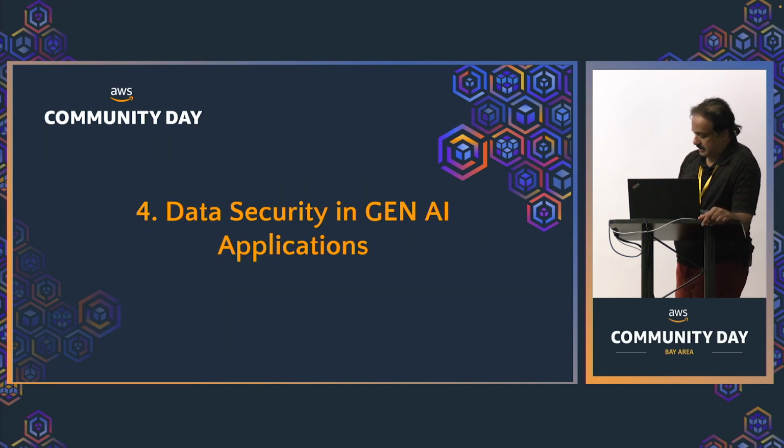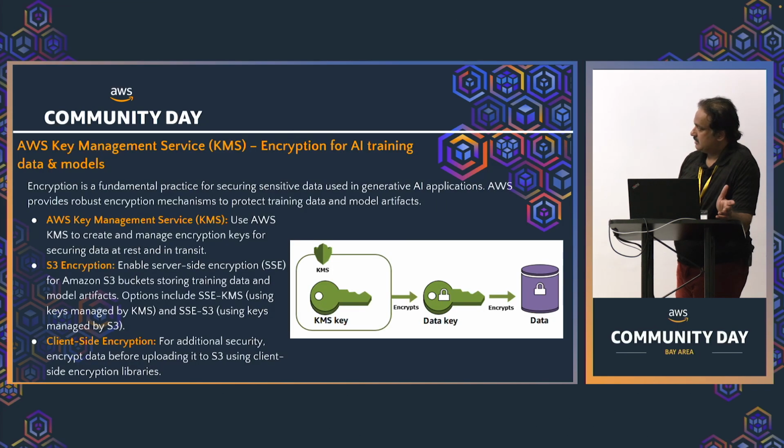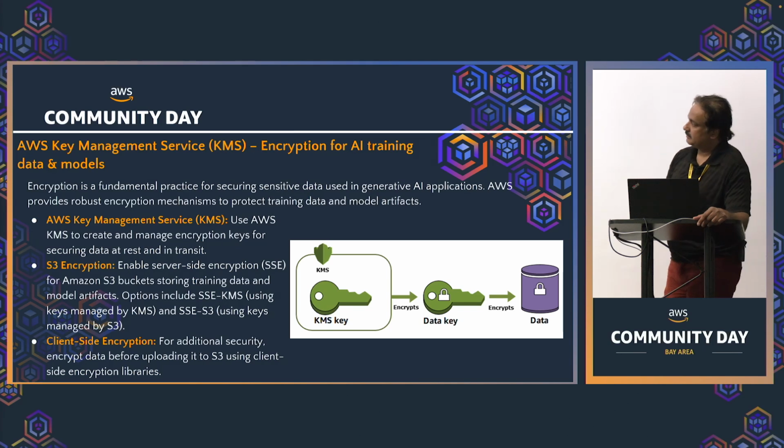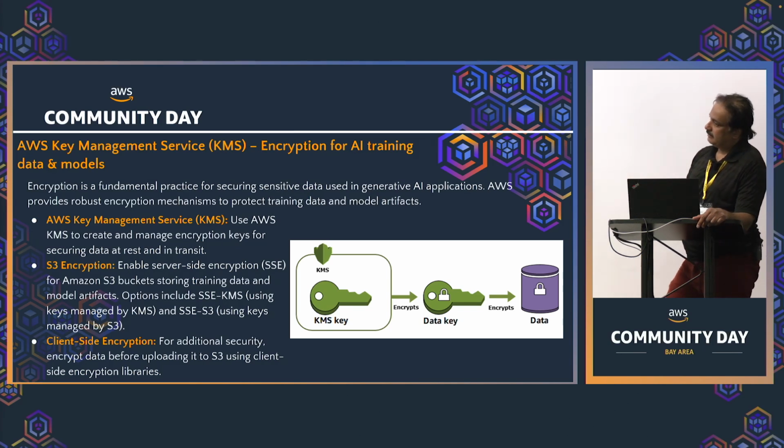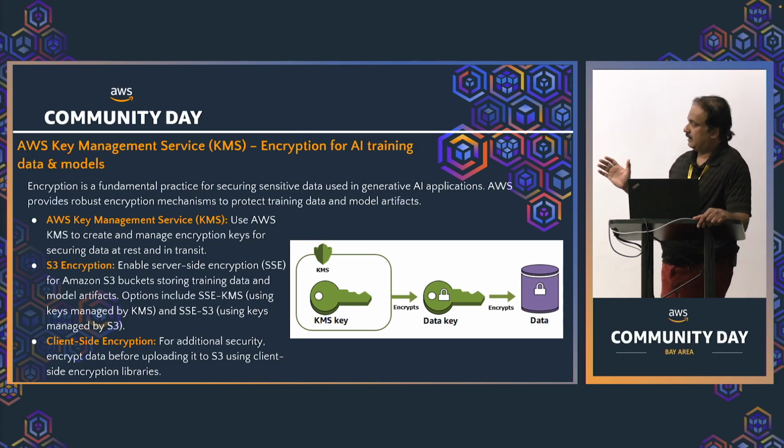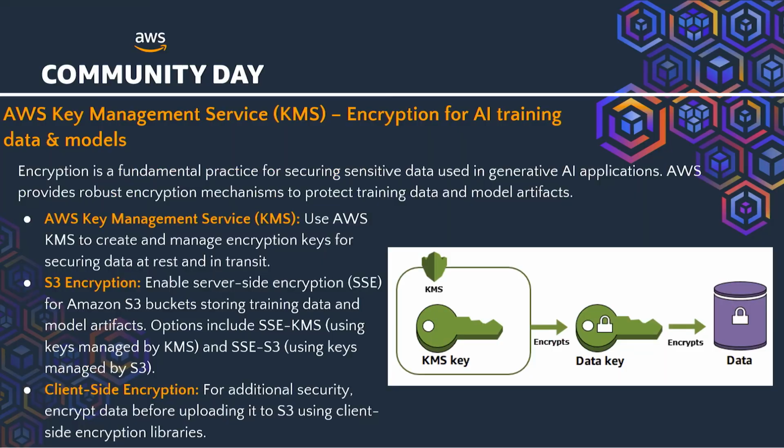Data security in GenAI applications or AI agents. Encryption is key. So if you're not using all of these services, KMS or S3 server-side encryption, you could use these services to encrypt the data that's in motion and at rest.